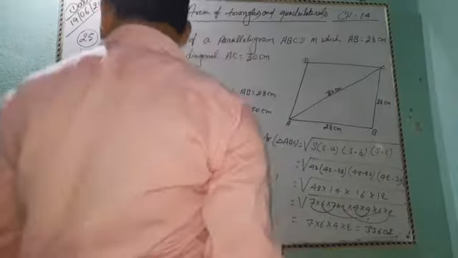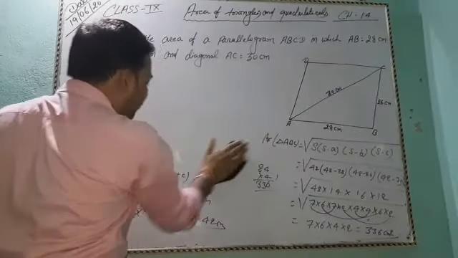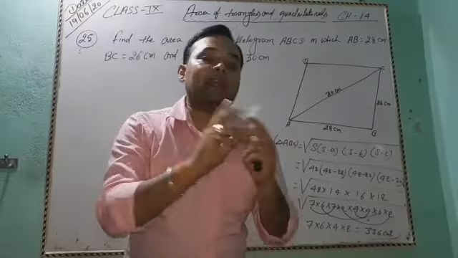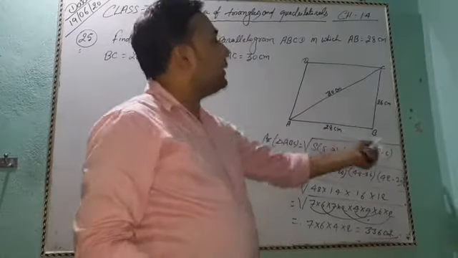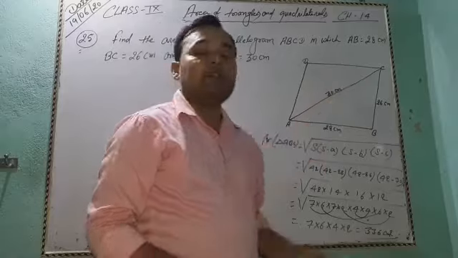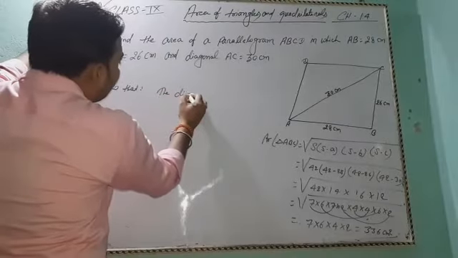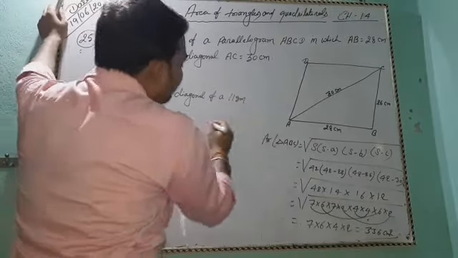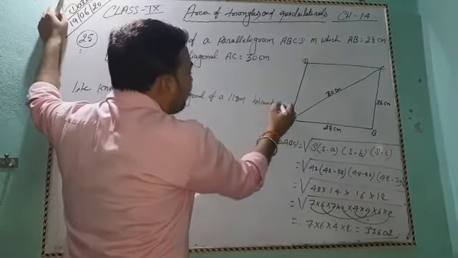Students, we know that the diagonal of a parallelogram bisects the parallelogram into two equal triangles. So we write the area of triangle ABC equal to area of triangle ADC.